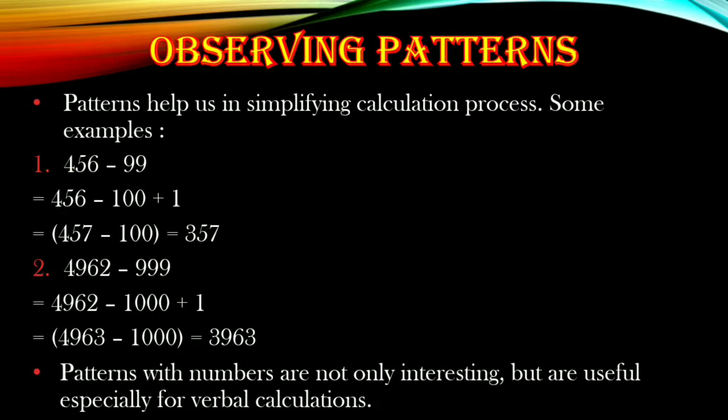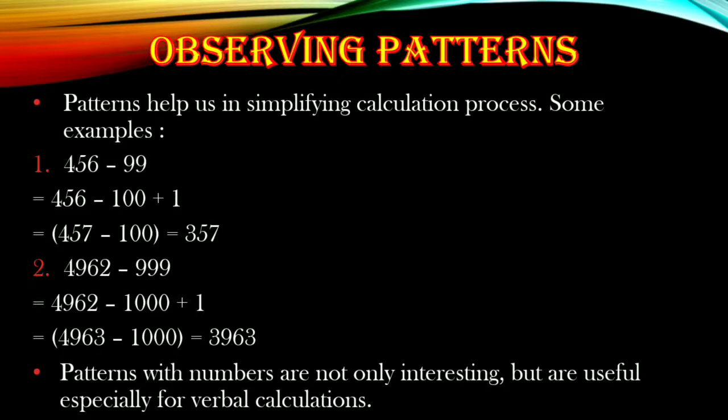Let us observe some patterns in whole numbers. Patterns help us in simplifying calculation process. Some examples are, if we have to subtract whole number 99 from whole number 456, there's a simpler way of doing this. We can express minus 99 as minus 100 plus 1.